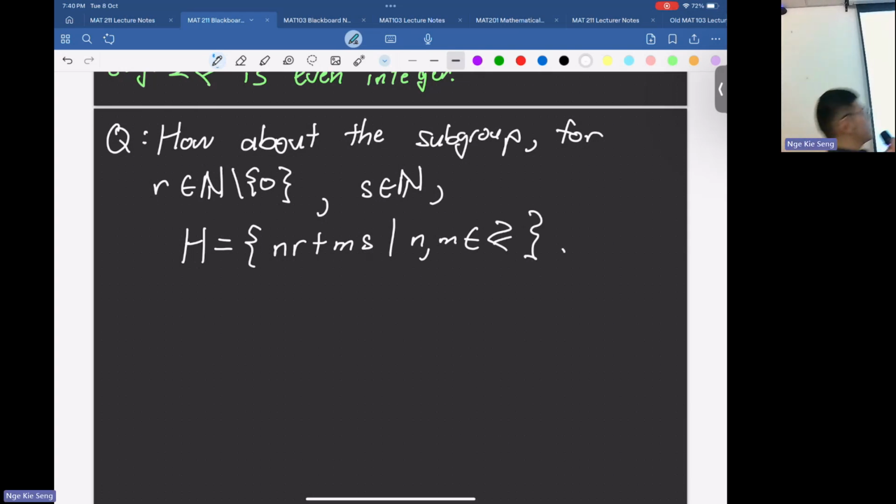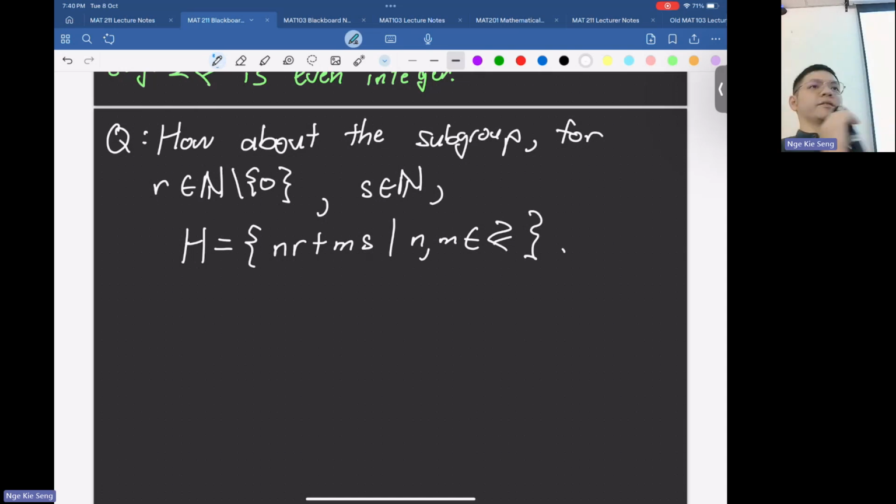Can you see that this is a generalization of the nZ just now? Because if my s is 0, it's just a multiple of r. But let's say we have two non-zero r and x here. Do you agree that this is a subgroup or not? Is the identity there or not?